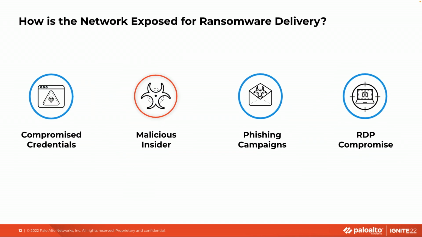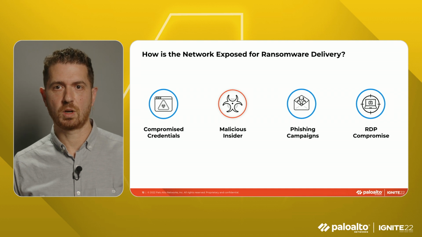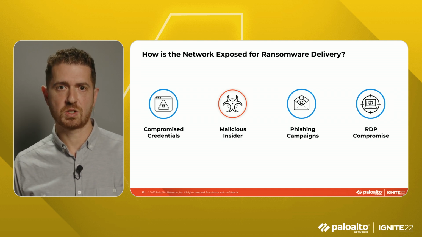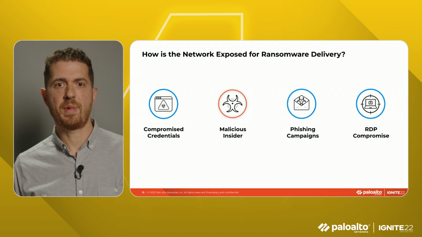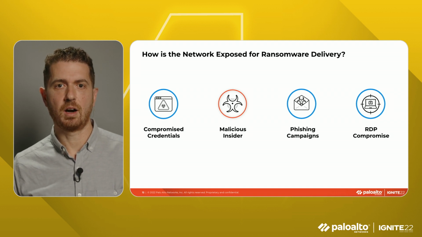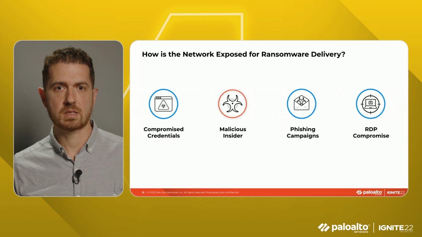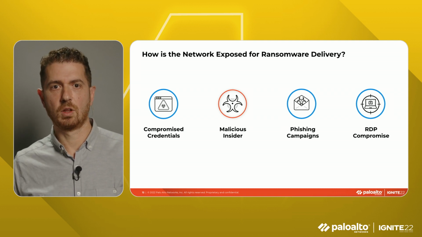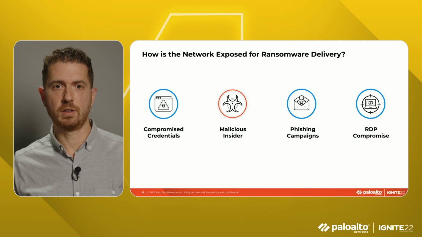In this session, we're going to focus on the top 4 ways ransomware gets a foothold in your network. We'll cover compromised credentials, which are usernames, passwords, and user information that are captured through other attacks and then used to gain network access. We're going to look at the malicious insider, which is a threat: a compromised employee, VPN, or virtual desktop that has access to your network.